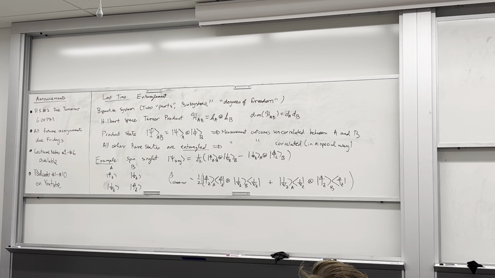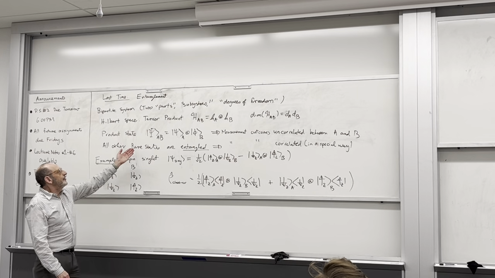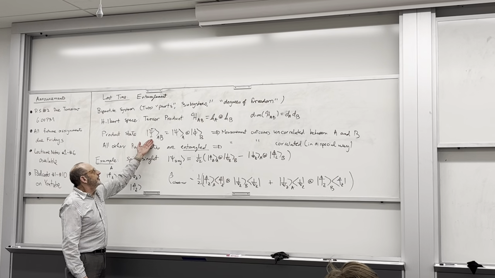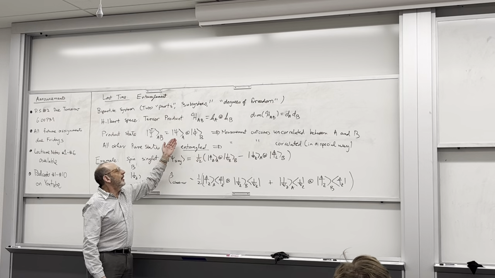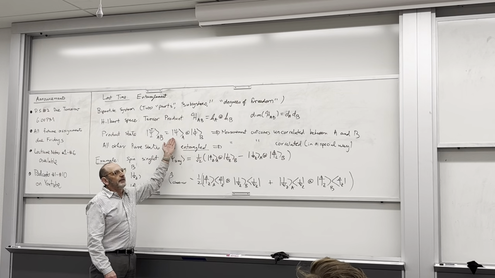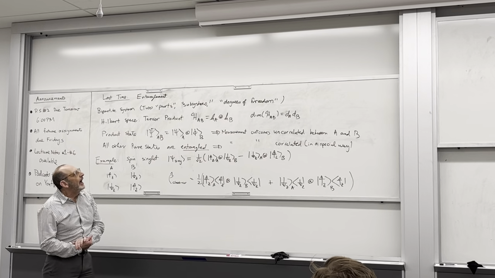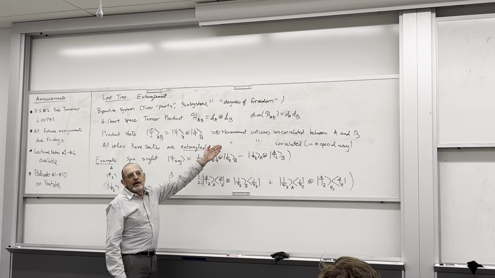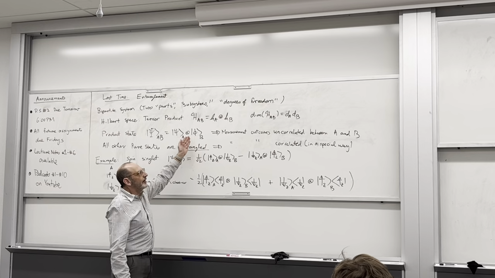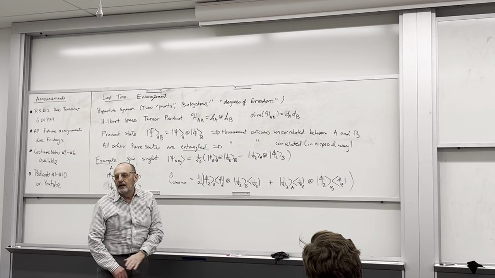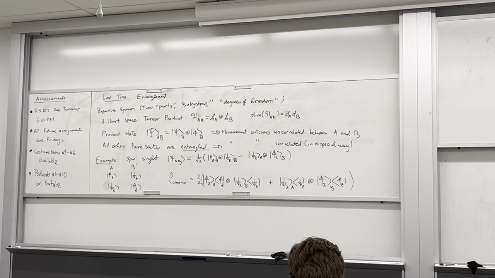If we have a state of the system which is a tensor product of two pure states, then we say this is a product state, and the measurement outcomes for whatever I measure on A or B are uncorrelated.